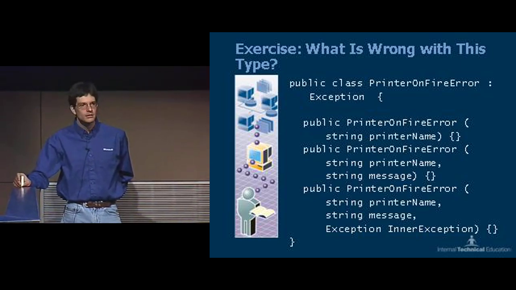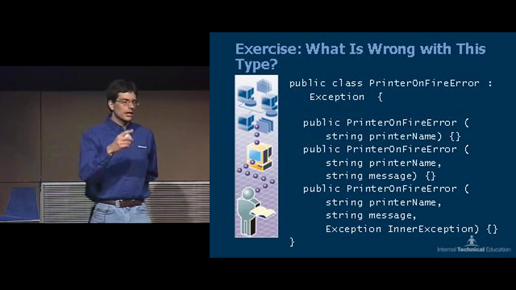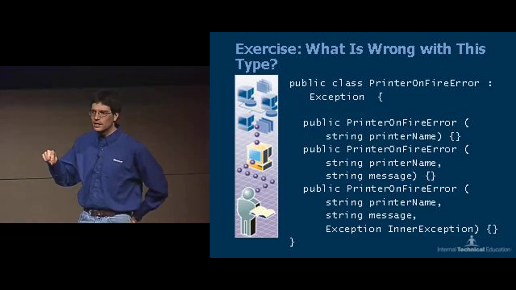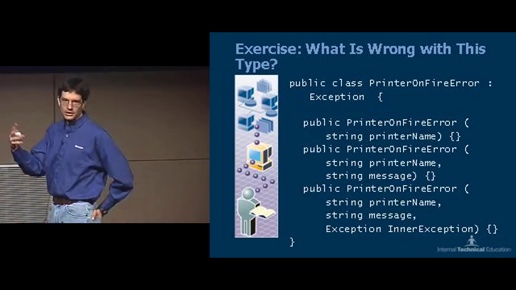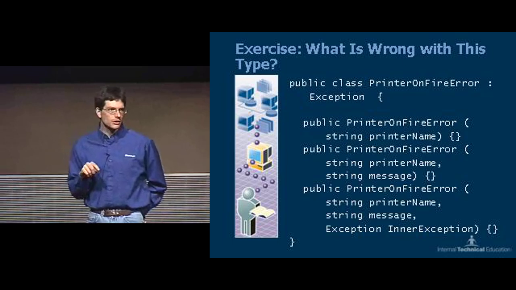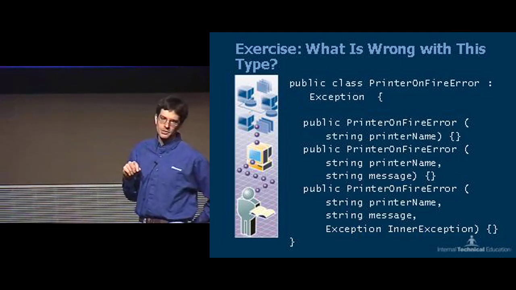Any other comments? One thing that was asked during the break, and I'll point it out here, is that I kind of glossed over it. The fourth constructor listed on the exception pattern is actually the serializable constructor. It's the constructor that's needed for runtime serialization.